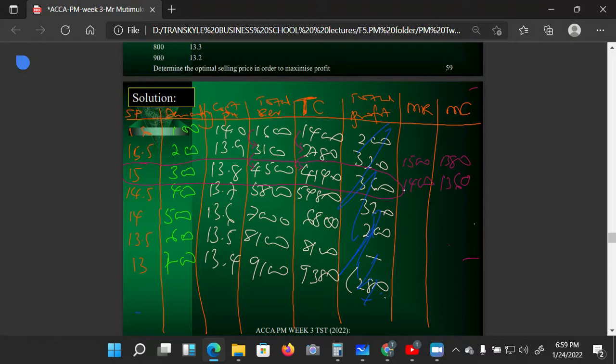In both these cases, the marginal revenue is larger than the marginal cost, which is also a favorable situation.